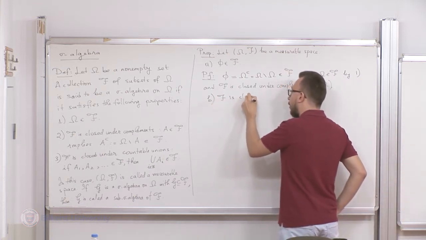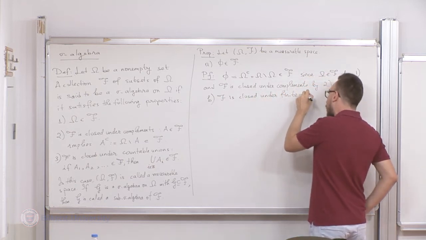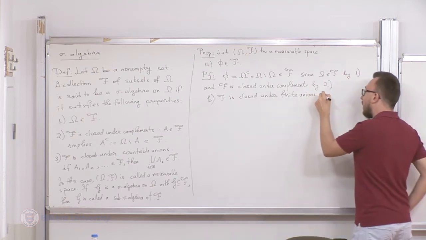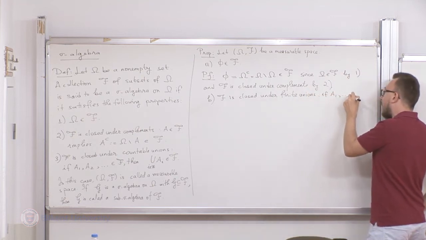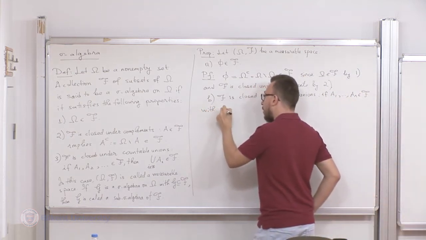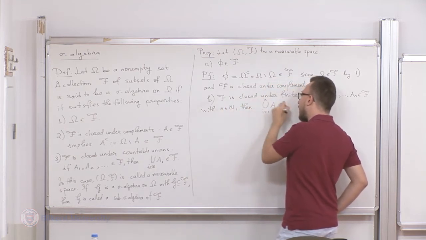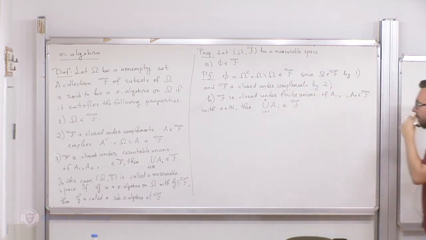F is closed under finite unions, meaning that if A1 to An are in F, with n being a finite number, then the union of Ai from 1 to n is in F. How should we prove it? Yes? We can consider infinitely many empty sets after that index, then apply the third one.